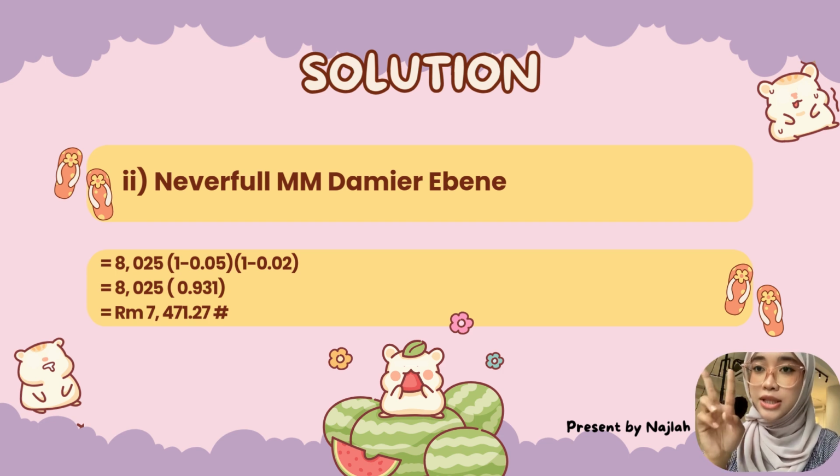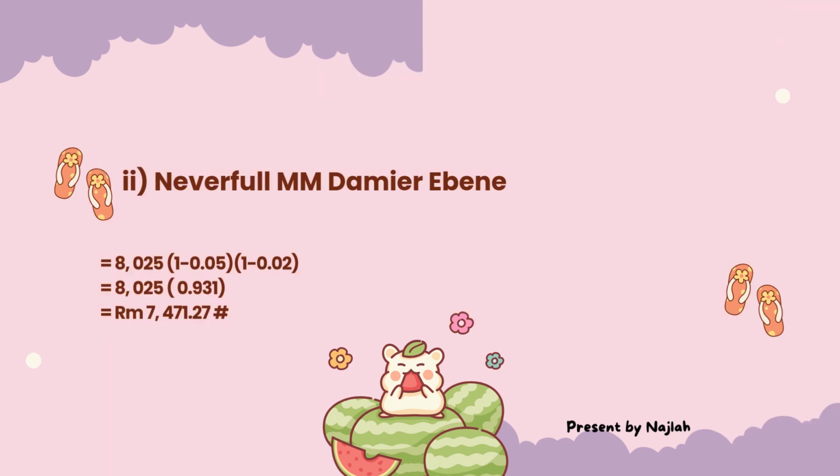So I simplify both of them and multiply them, and it will be 0.931. I multiply 0.931 with the list price, 8,025, and you will get RM7,471. So that is our net price for Neverfull MM Demir Eben.